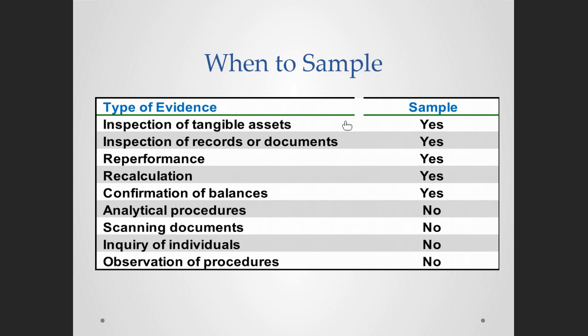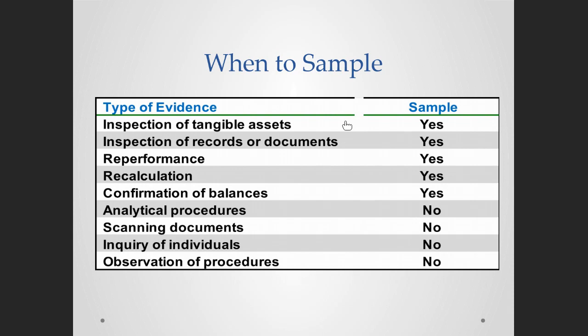The audit is made up of many procedures, and in Auditing 2, you're going to learn these audit procedures. Some of these procedures, when you're performing them, you have to do sampling. You have to take a sample.